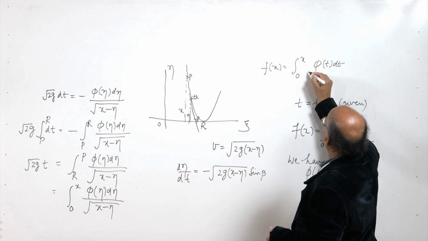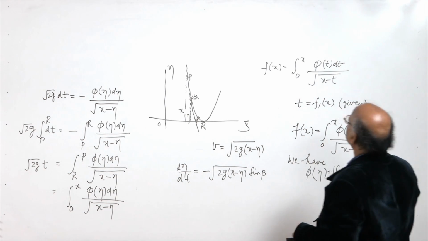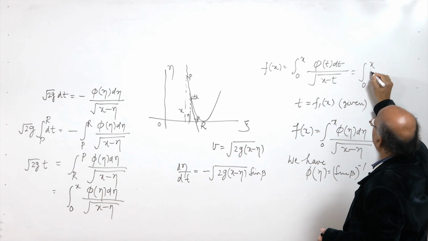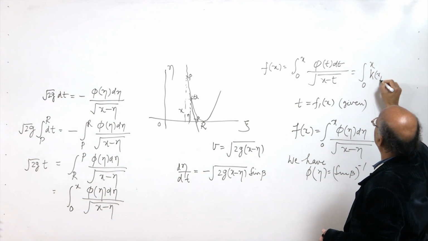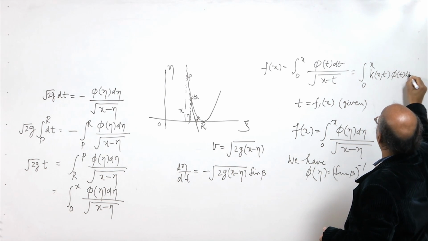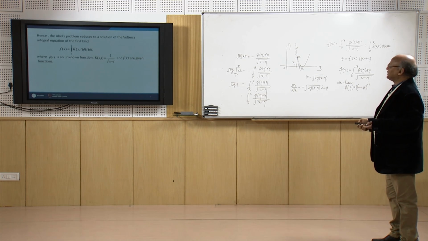So under root x minus t, this is nothing but integral 0 to x of k(x,t) into phi(t) dt, where k(x,t) is equal to 1 over under root x minus t.